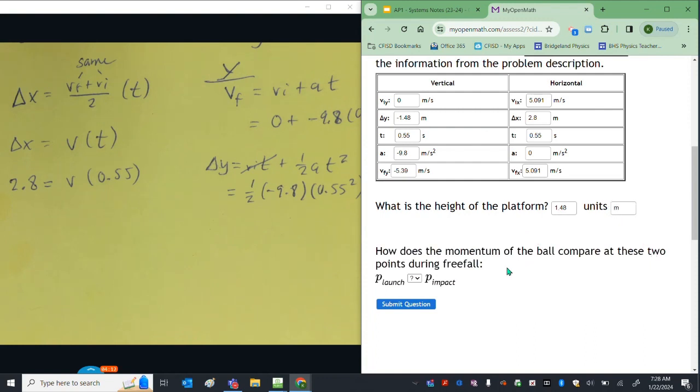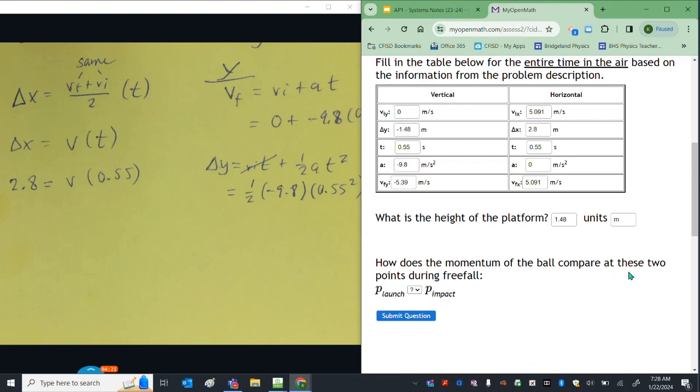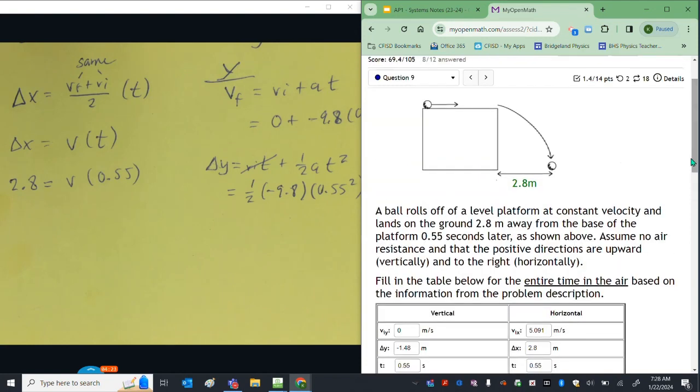Meters. And then how does the momentum of the ball compare at these 2 points during free fall? So looking at the momentum at launch versus impact, at launch I have an initial momentum. Again, momentum is mass times velocity. So basically the mass of the ball isn't changing. I'm just looking at how the velocity changes or if it changes. And so it's going to start out with just horizontal velocity.